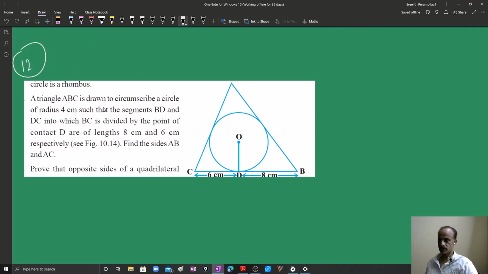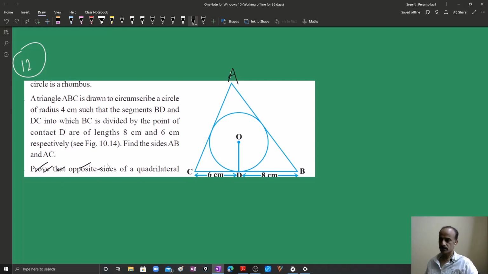A triangle ABC is drawn to circumscribe a circle of radius 4 cm such that the segments into which BC is divided by the point D are 8 cm and 6 cm. That means BC is divided into 2 portions, one is 8 cm and the other 6 cm. Find the measure of sides AB and AC.